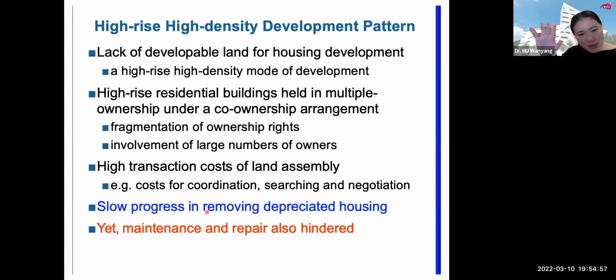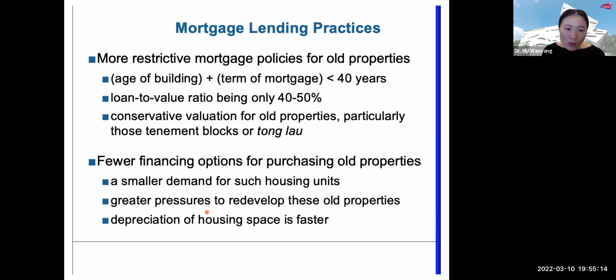Okay, because of this fragmentation of the ownership right, and the transaction cost, the maintenance and repair is also hindered because of this type of ownership. Mortgage lending practices will have influence as well.